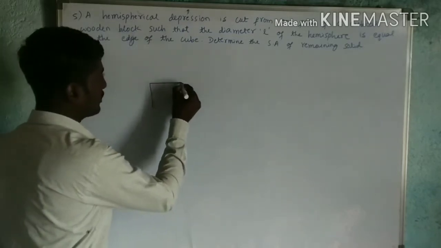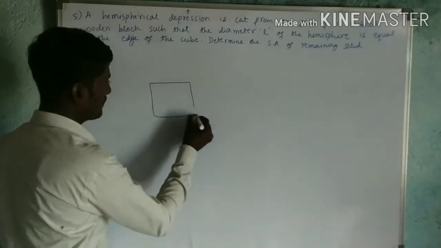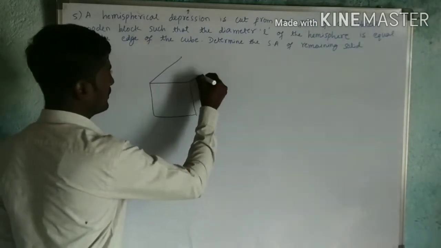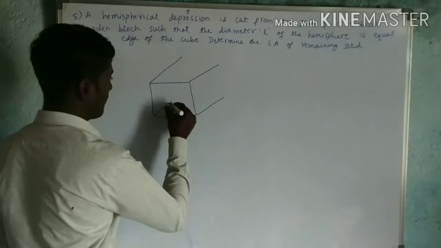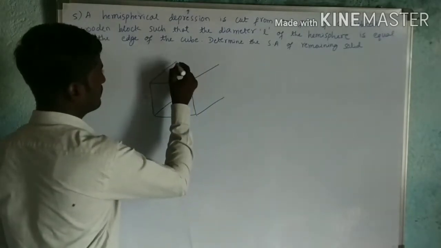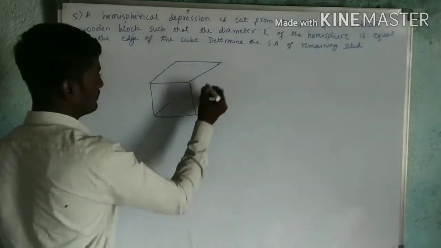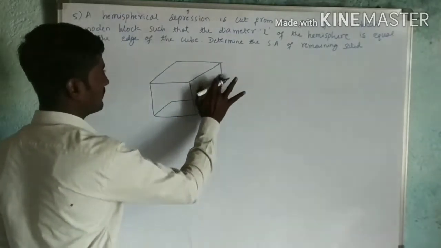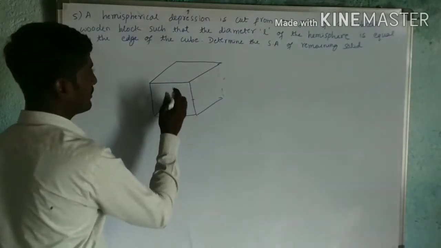So let us draw a cube first. Now, this is another face. I mention this in dotted lines.